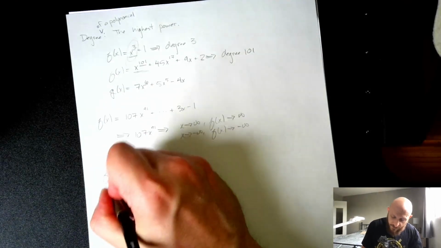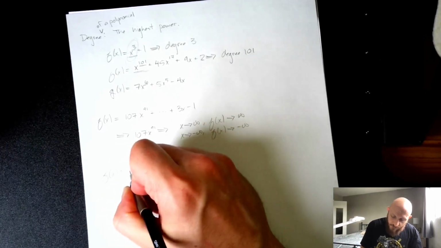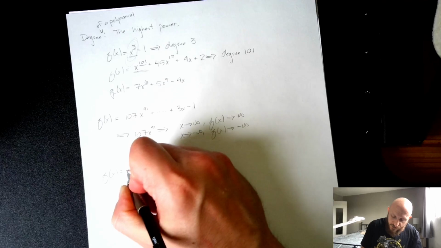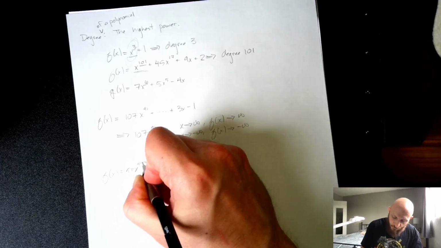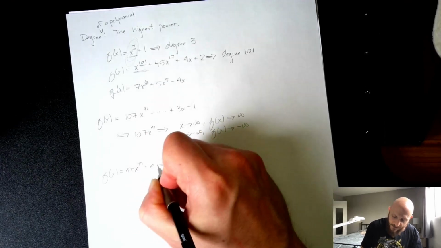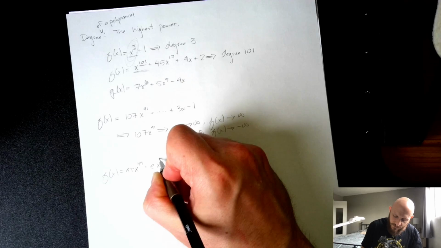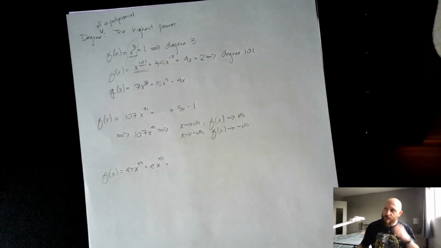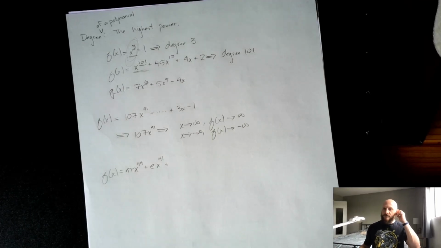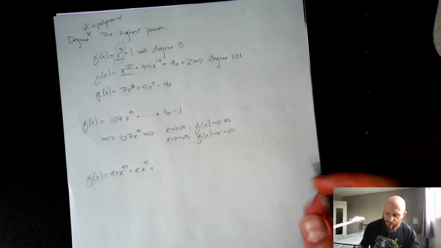How about something like f of x equals, let's do some weird coefficients, pi x to the 44th power plus e x to the 41st power plus, what are some other weird numbers? Why can I not think of any other strange numbers off the top of my head?